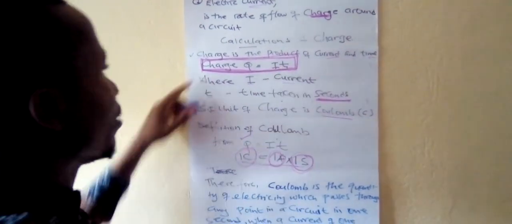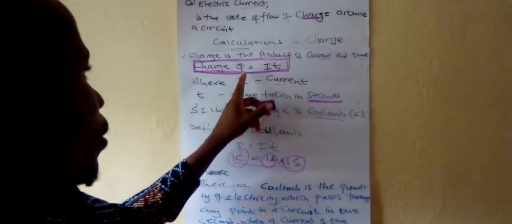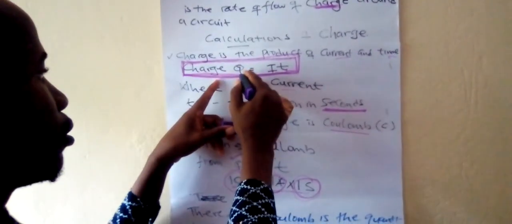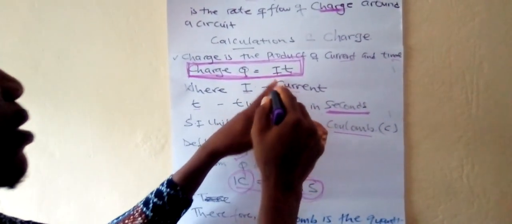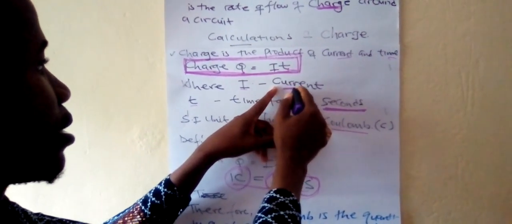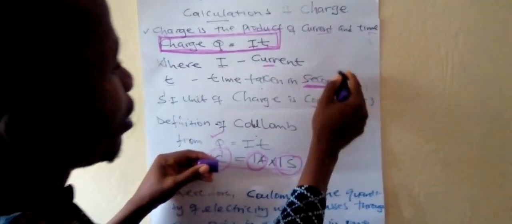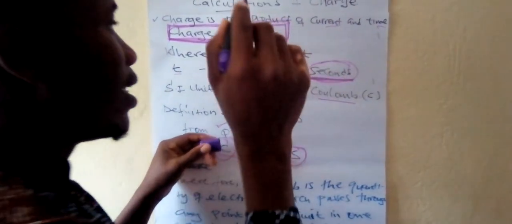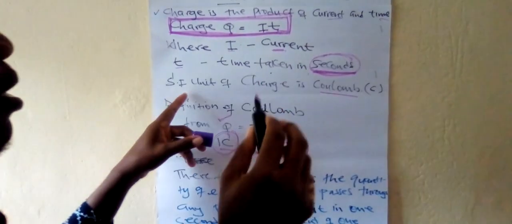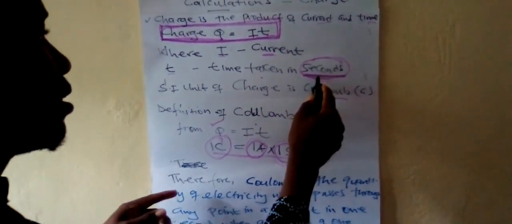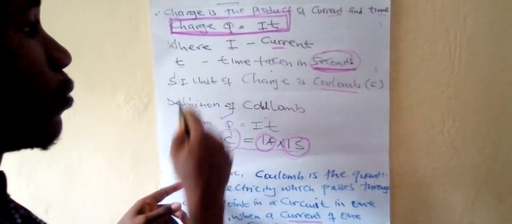In this equation, charge is represented with Q, I is the representation of current, and T is the representation of time. And here, the main thing is time must be in seconds, because seconds is the unit of time.